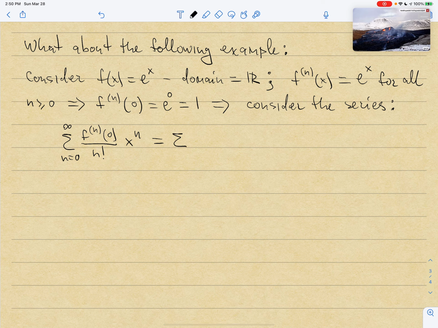So this is nothing but sum from 0 to infinity of x to the n over n factorial, right? Because f n of 0 is equal to 1 for all n. Okay, so this is a power series.